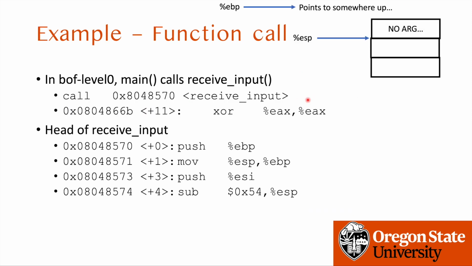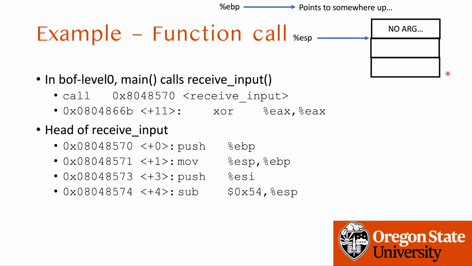And next, let's see how the stack grows down when we have a function call. I will take an example from our first challenge, BOF level 1. In its main function, it calls a function receive input. I will take this as an example and show how the stack grows using this code.